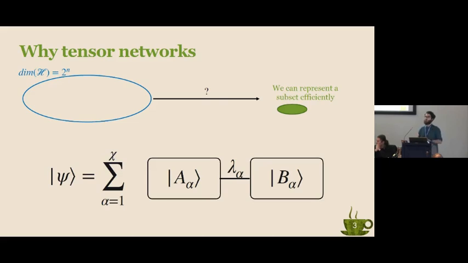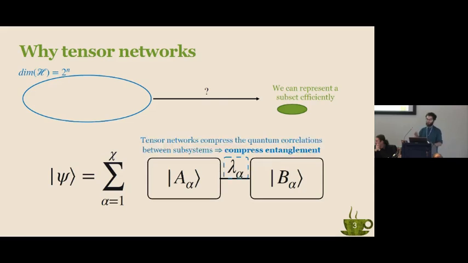So we are gonna highlight two subsystems, the subsystem A and the subsystem B, and those are gonna be connected by the Schmidt coefficients that represent the quantum correlation between the two subsystems, and we are gonna compress these coefficients in order to compress the entanglement and have the best possible approximation of the state in terms of the entanglement. Indeed, we are only going to keep the chi most important Schmidt values.